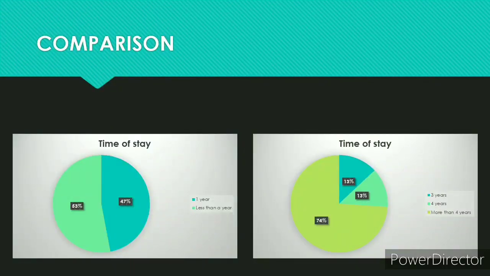So let's start with the first slide. Now, the first slide is the time of stay. As you can see, there are 2 charts, the left chart and the right chart. The left chart shows the new population, while the right chart shows the old population. This shows the difference in time of stay, of how long they have been within St. John's Catholic School.